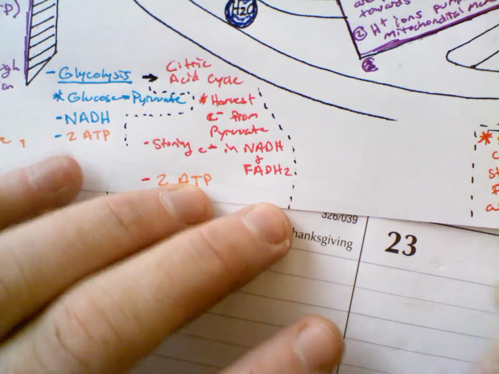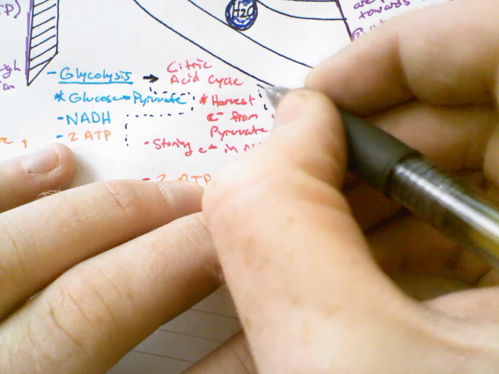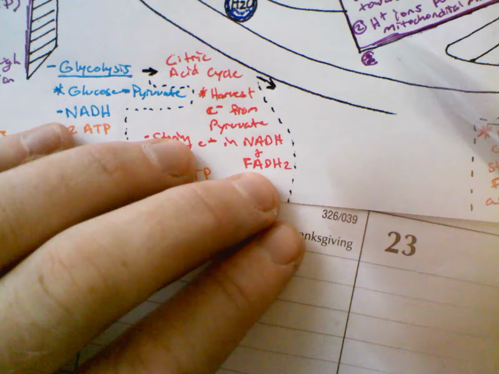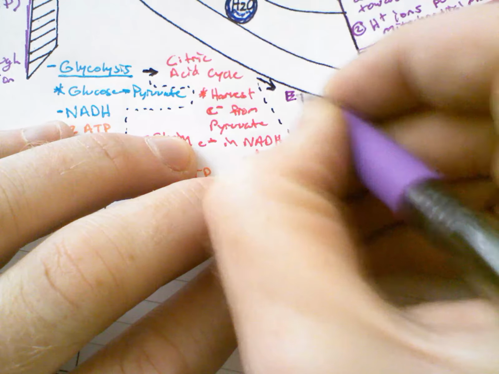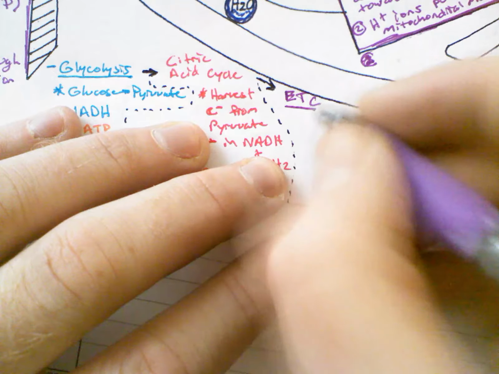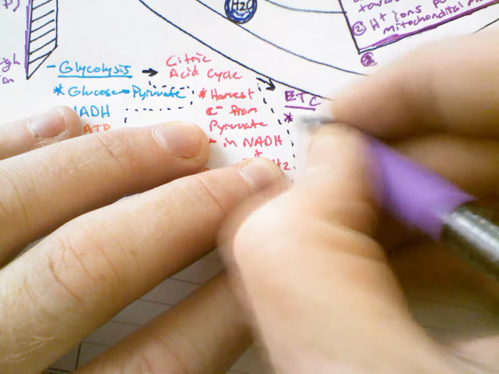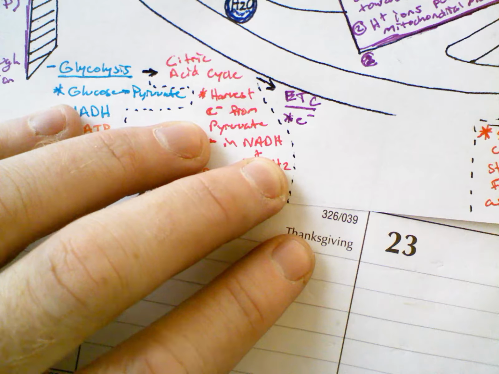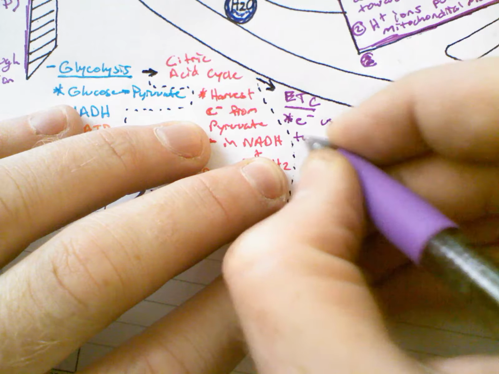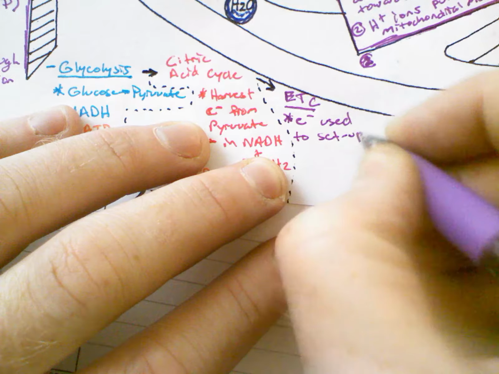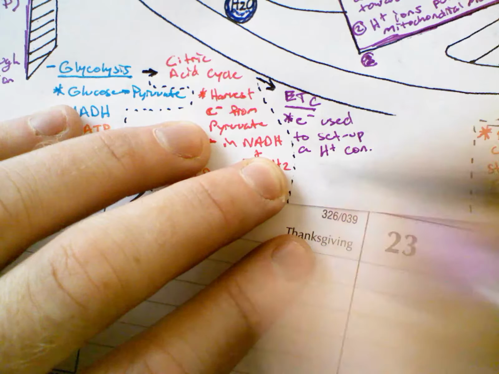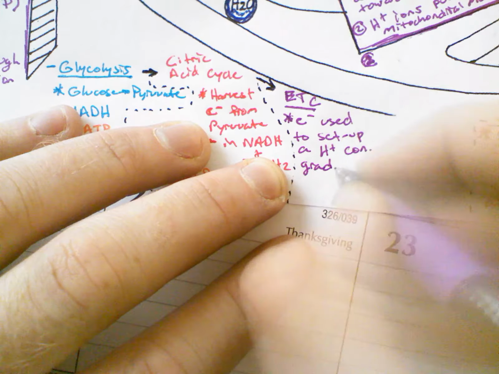Then we move into the electron transport chain. In the electron transport chain, electrons are used to set up a hydrogen ion concentration gradient.